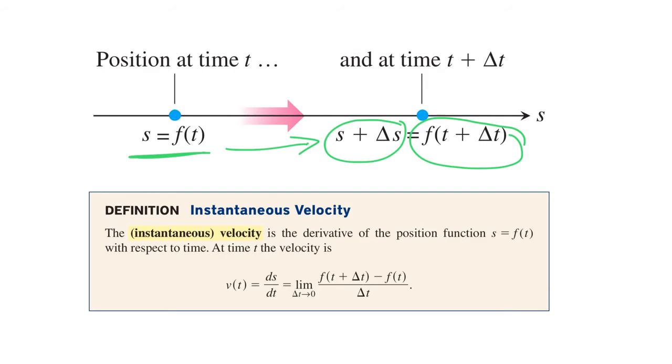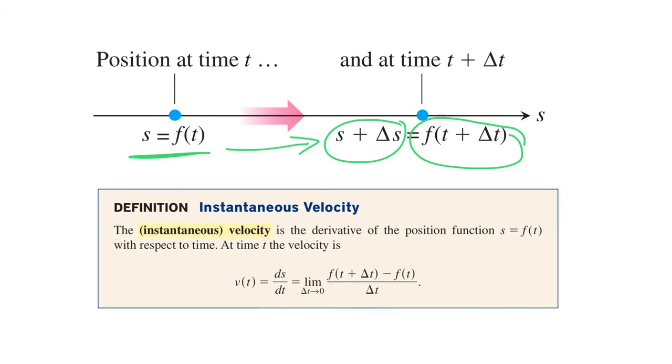So we can put all that together and we can say that the average velocity of this object over that time interval is the derivative of the position function s equals f of t with respect to time. At time t, the velocity is this right here.